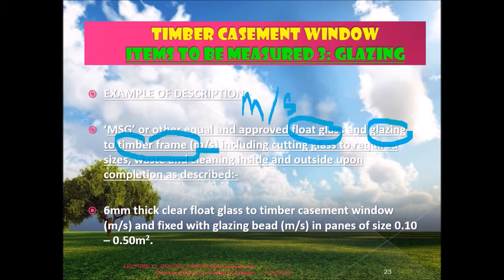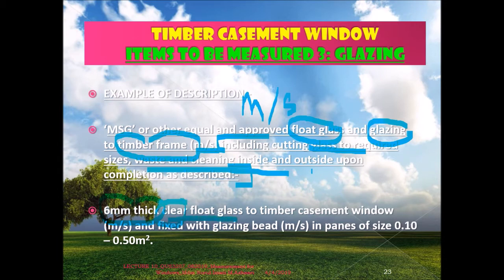Why do we need to put MS? Because the timber frame is going to be measured separately, but the float glass is the main item to be measured, including cutting glass to required size, weight, and cleaning. This is actually the standard procedure, and the standard information needs to be written in the description. But what needs to be stated again, referring to T.2 and 3.3, is the thickness of the glass, and whether the float glass is clear or opaque.